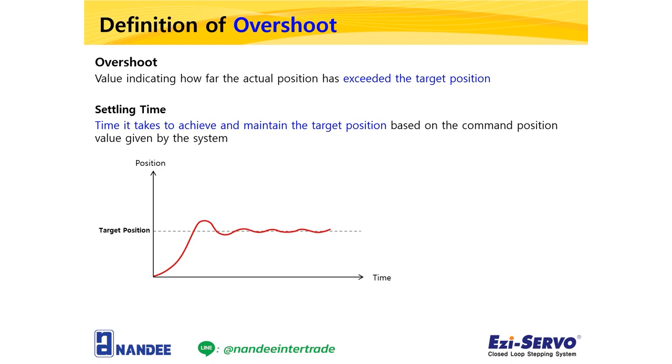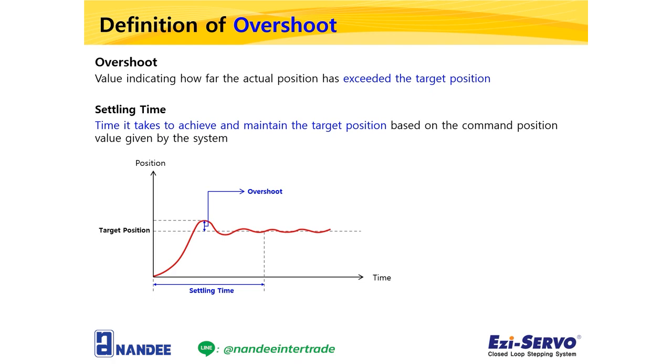In general, the motor does not reach the target position at once. The motor goes through a process that exceeds or falls below the target position, as shown in the red line. At this time, the value indicating how far this target position has been exceeded is called overshoot.